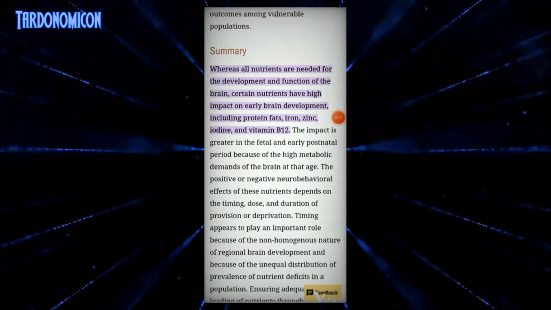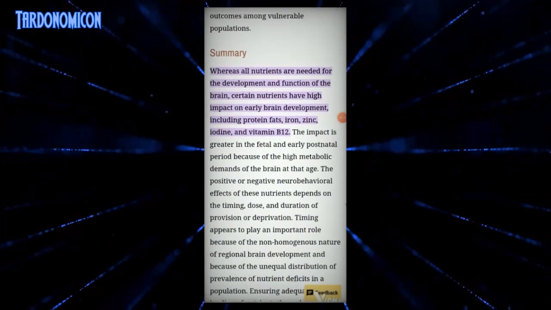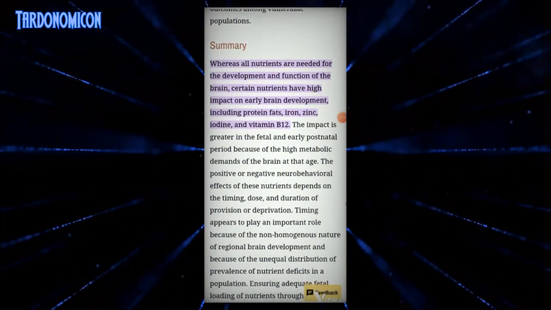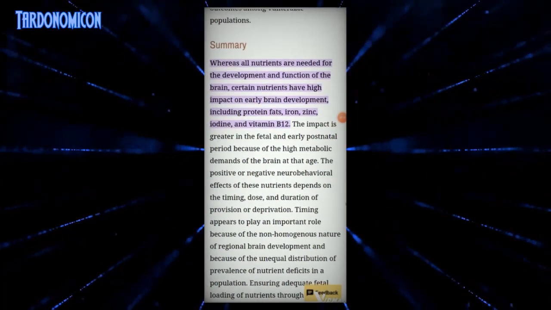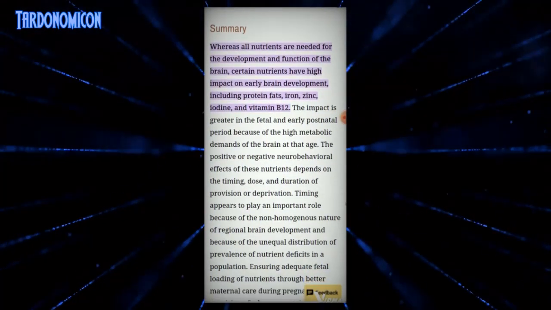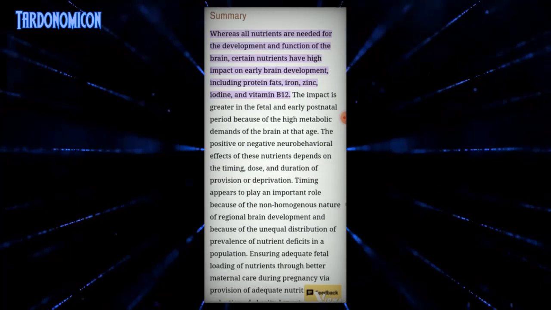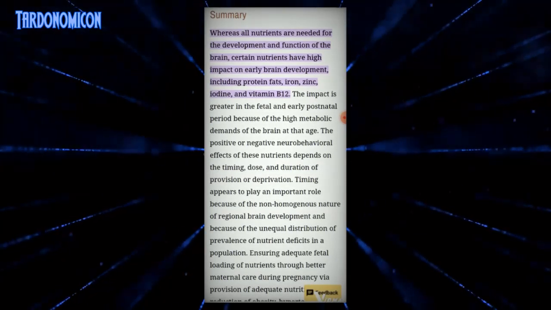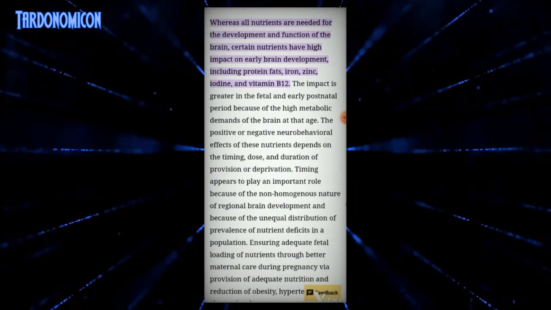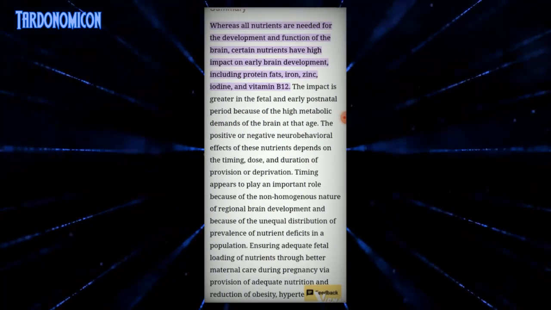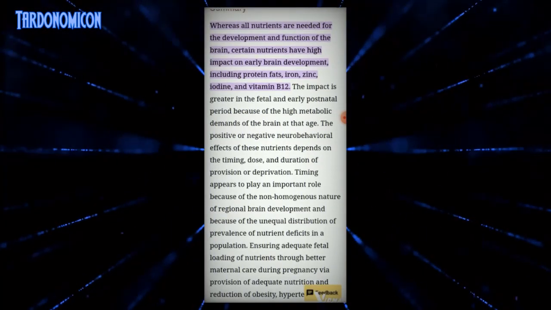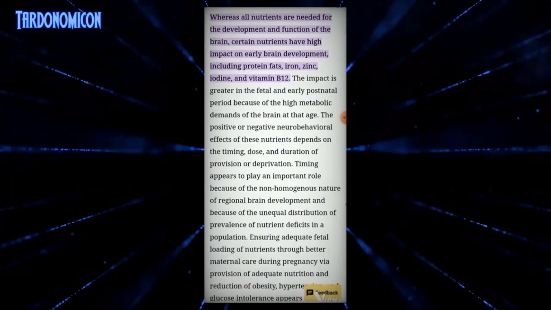So what about nutrients required for the proper development of the human brain and the fetus? Whereas all nutrients are needed for the development and function of the brain, certain nutrients have high impact on early brain development, including protein, fats, iron, zinc, iodine, and vitamin B12.